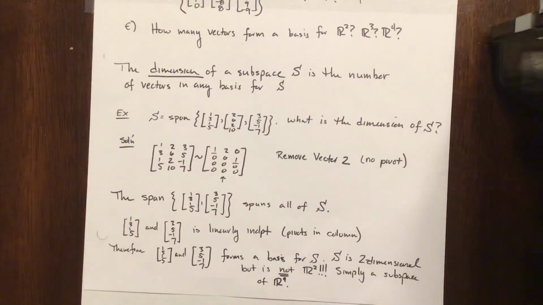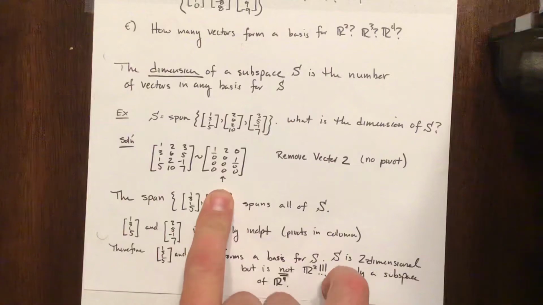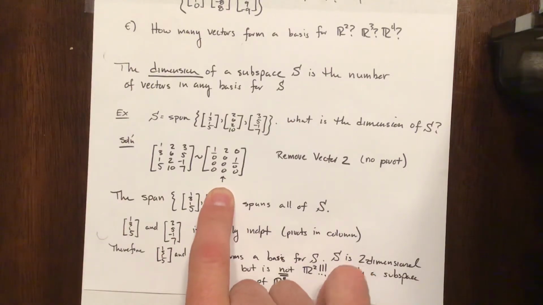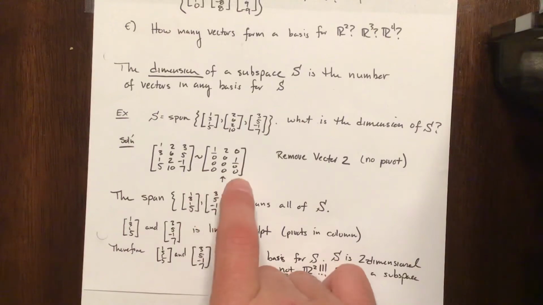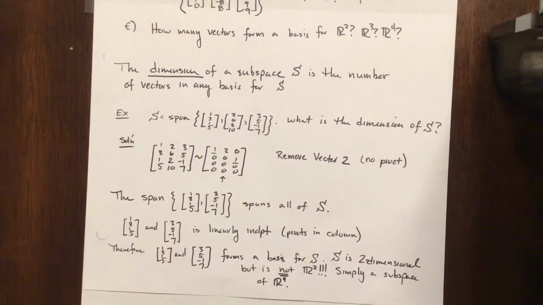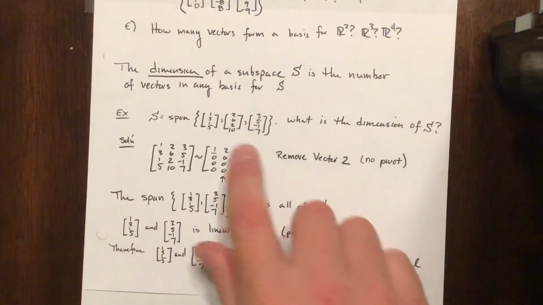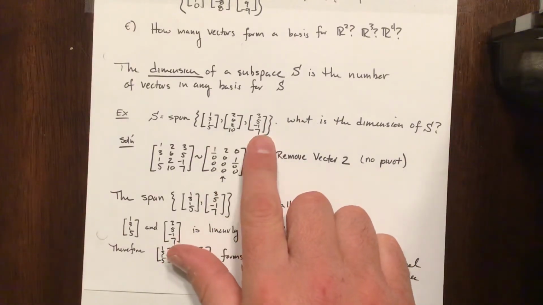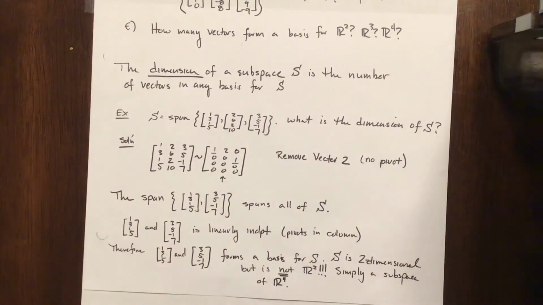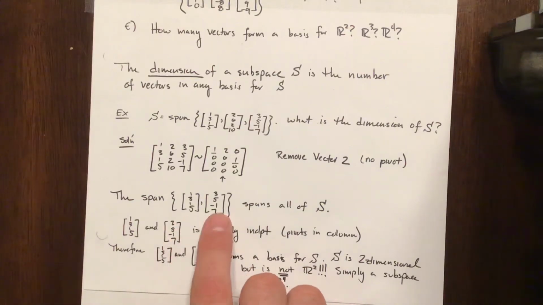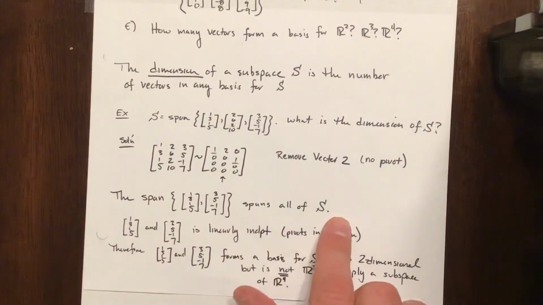You can observe that vector 2 does not have a pivot in it, and therefore is related to vector 1 or vector 3, or vectors 1 and 3. So the span of v1, v2, and v3 is nothing more than the span of v1 and v3. Therefore, these two linearly independent vectors span all of S.